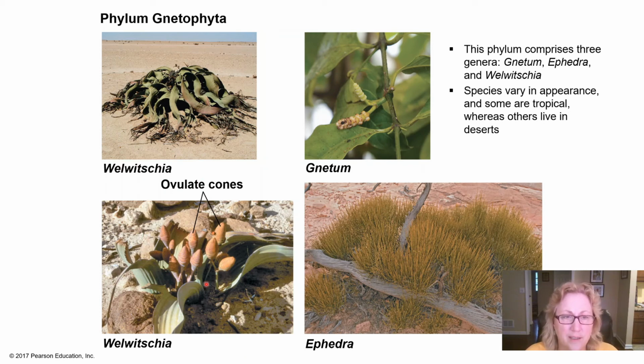Some of them only produce cones every decade or something, and there are only a few species. Gnetums are another group with very few species. They're in the tropics. And then Ephedra, the genus Ephedra, you probably have heard of that.